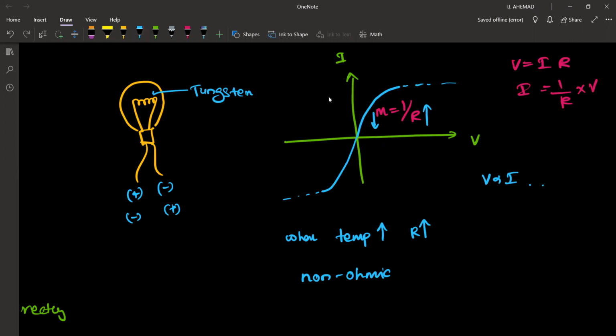Got it? So mention V not proportional to I.